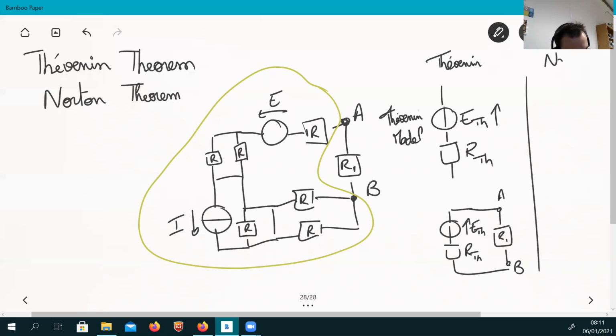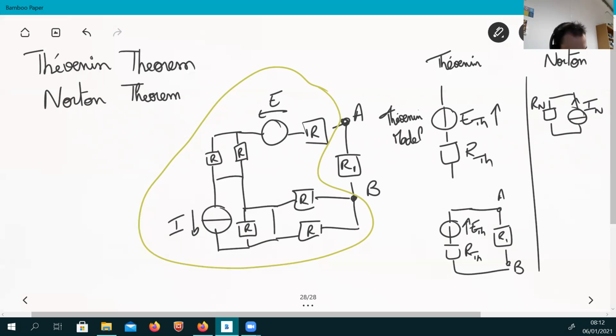Norton is exactly the same. So take part of a circuit and use this theorem to simplify it, except that at the very end, you will finish with a Norton generator, which is a current generator, in parallel with a resistor that we're going to call the Norton resistor.